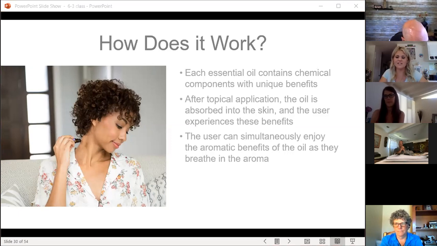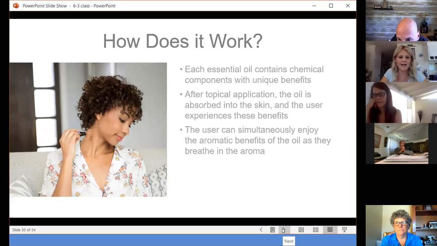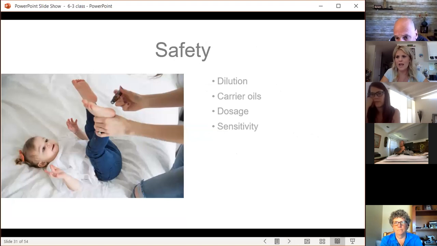When you use your essential oils topically, you can simultaneously experience the benefits of aromatic use, because you're breathing in or smelling what you're placing on. Your body is going to have a chemical reaction to the oil that you're putting on.